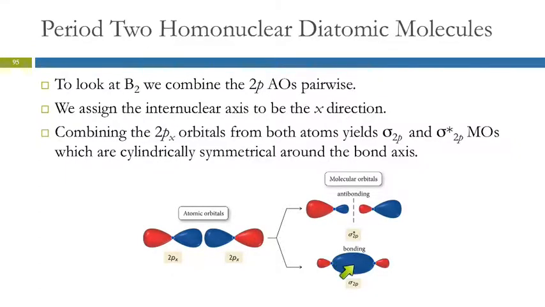So this is sigma 2p and sigma star 2p, because these are formed from 2p atomic orbitals. Any questions? This is, again, a sigma orbital, a lot like the sigma bonds we saw in valence bond theory, an end-to-end overlap. It's symmetrical along the axis.